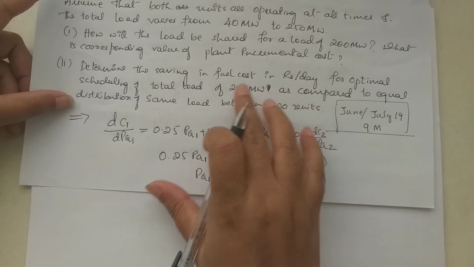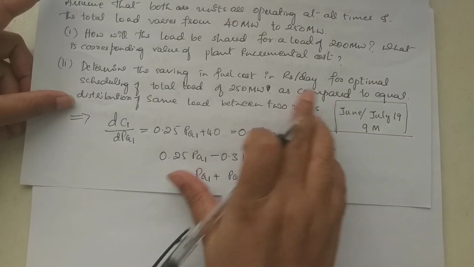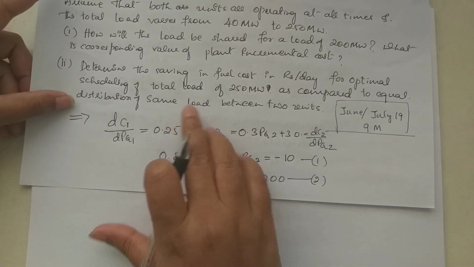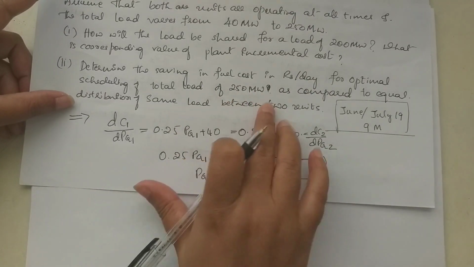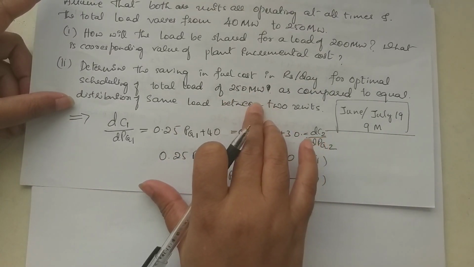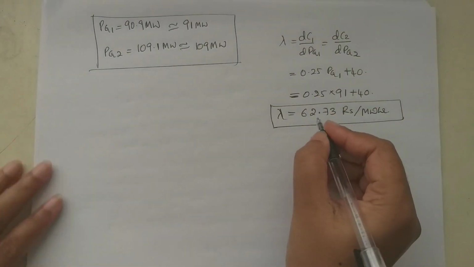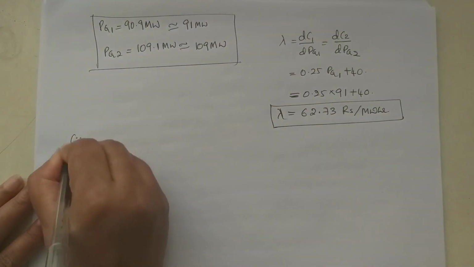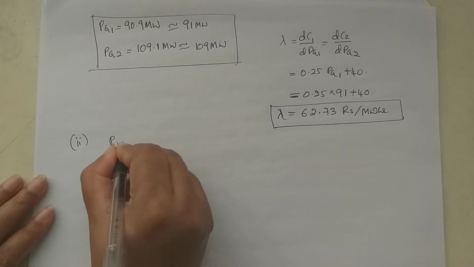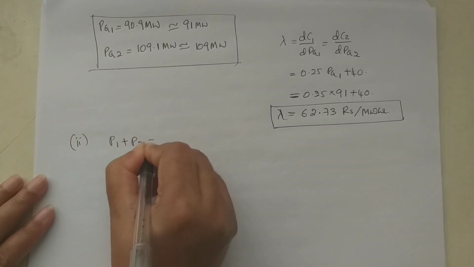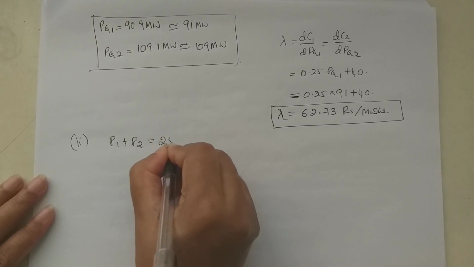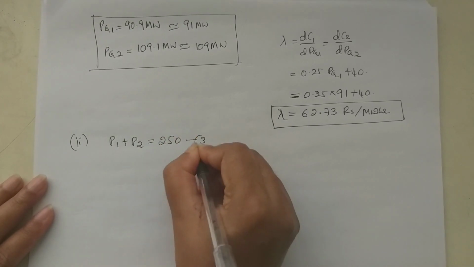It is also given there is an equal distribution of load, which has a load of 250 megawatt, and the load should be shared between 2 units. So P1 plus P2 is equal to 250. Take it as equation 3.